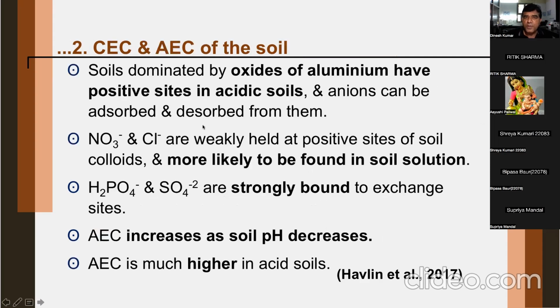Now, soils dominated by oxides of aluminium have positive sites in acidic soils, and anions can be adsorbed and released from them. This slide shows that the anion exchange capacity of the soil increases with a decrease in pH. As soil pH decreases, anion exchange capacity increases; or in other words, as soil pH increases, anion exchange capacity decreases.